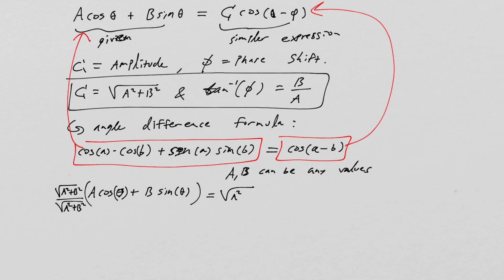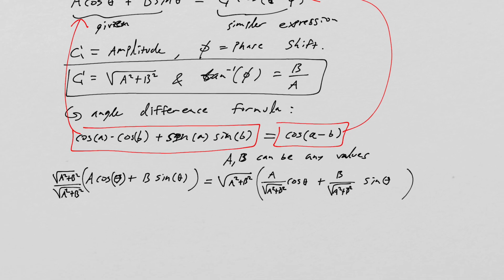The numerator, a squared plus b squared, square rooted, I'm going to leave outside. And then we're going to have a over the square root of a squared plus b squared, times cosine theta, plus b over the square root of a squared plus b squared, times sine theta. All right.